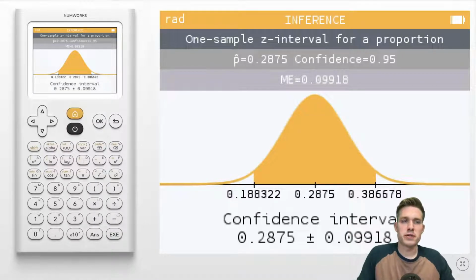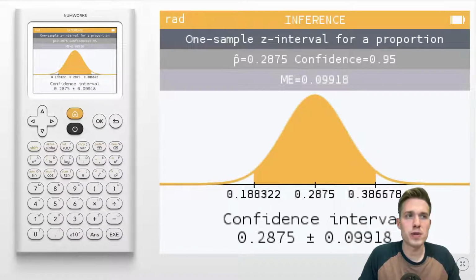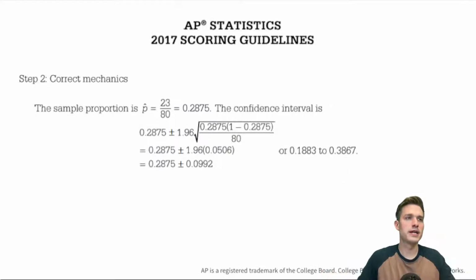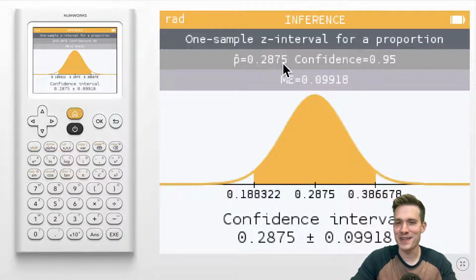Step 2 is the correct mechanics. We need to report the sample proportion, p hat, and the confidence interval. Step 2 was the correct mechanics. So we needed the sample proportion, p hat, which we can see on this final screen, 0.2875. And we also have our confidence interval down here at the bottom.